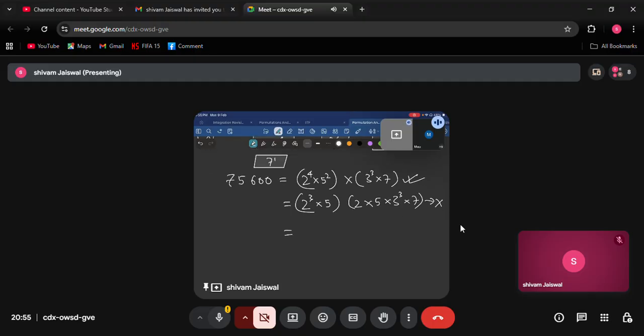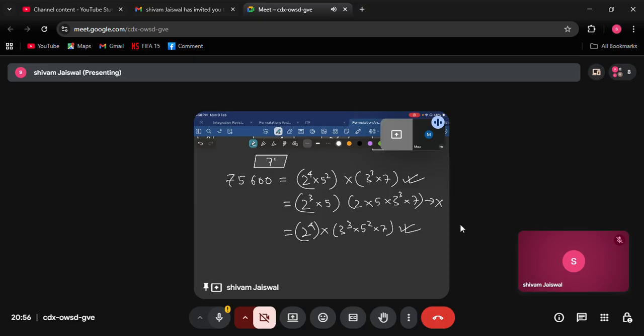Another way to write is 2 to the power 4 into 3 cube into 5 square into 7. This is also valid, right? Yes, sir. Okay. Basically, if you are going to a shop, you have to select all the items.